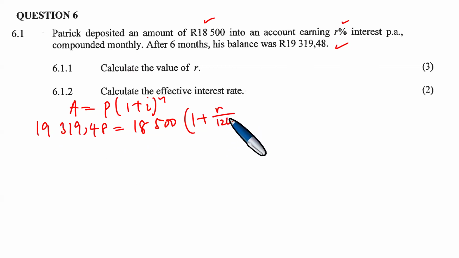And after 6 months, his balance was this, so n is 6 months.